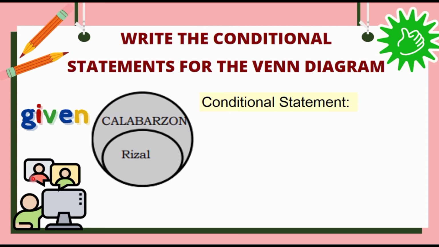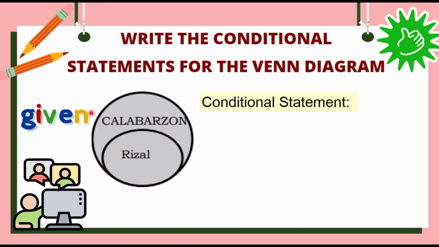In our previous examples, a Venn diagram was used to illustrate a conditional statement. Now, let us write the conditional statements for the Venn diagram. Vice versa naman tayo. Ang given ngayon is the Venn diagram and you're about to create the conditional statement. Always remember that the things that satisfy the hypothesis must be inside the things that satisfy our conclusion. As you can see, nandito yung ating Rizal.